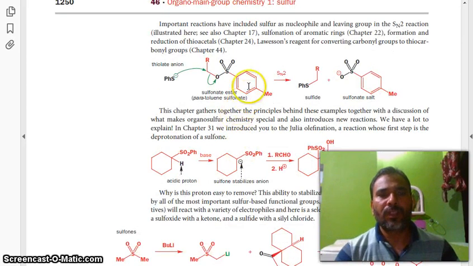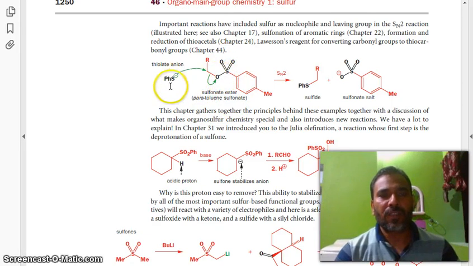Now look at how sulfur works. If you have a sulfonate ester, you see S double bond O, S double bond O, here O. So para-toluenesulfonate, this is sulfone and it becomes sulfonate.